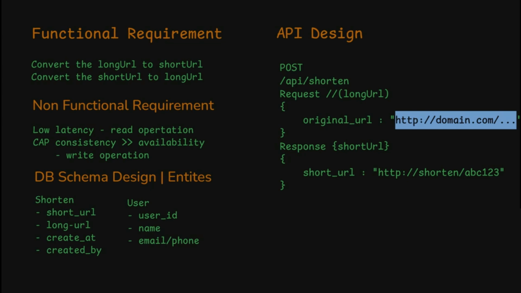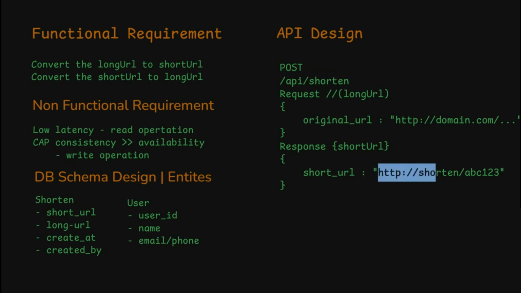So from this perspective, we understand that we will need a POST API, and the request and response for the POST API would look like this, which would convert the long URL to the short URL, and send back in the response the short URL for that set of users.